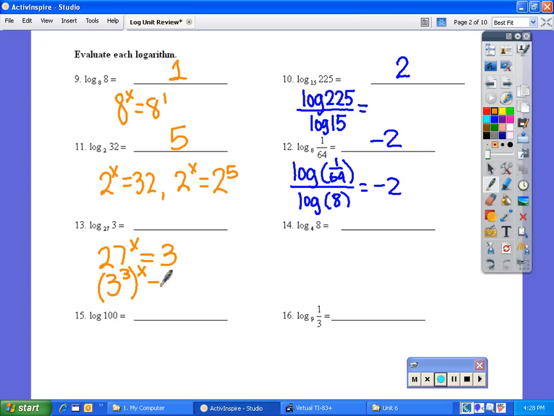Putting the x on the outside, 3 to the power of 1 will give you 3 back. So now that you have the same bases, you can cancel out the bases and set the exponents equal to each other. And you wind up getting 1/3.